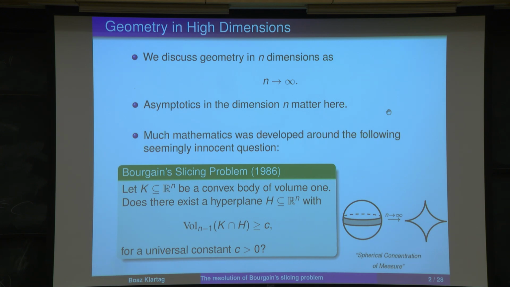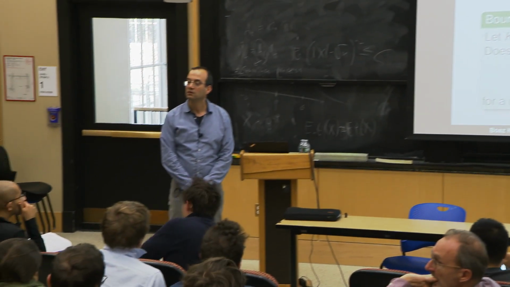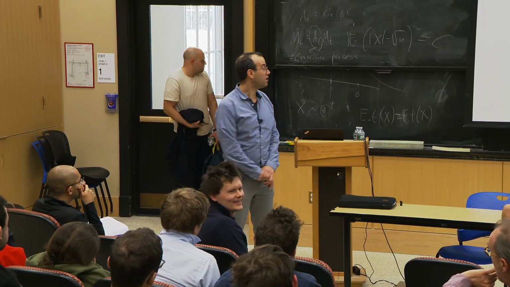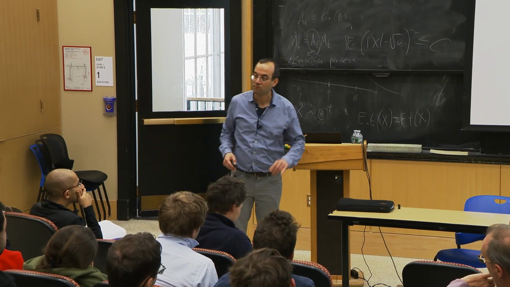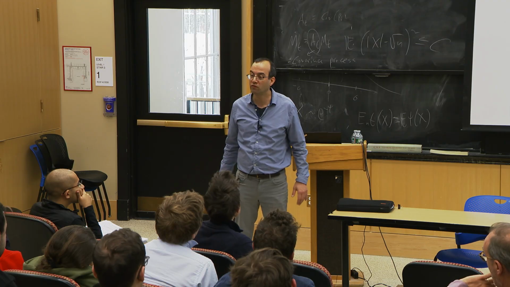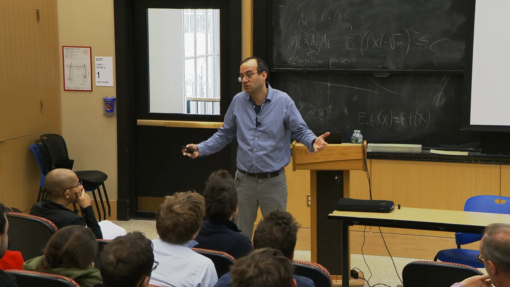Is there an example for which any section? For the cube, for the ball. If you have a ball of volume 1, the maximum slice is roughly square root of 3. If you have a cube of volume 1, the maximum slice is square root of 2. So they're just universal constants, and you cannot go above.